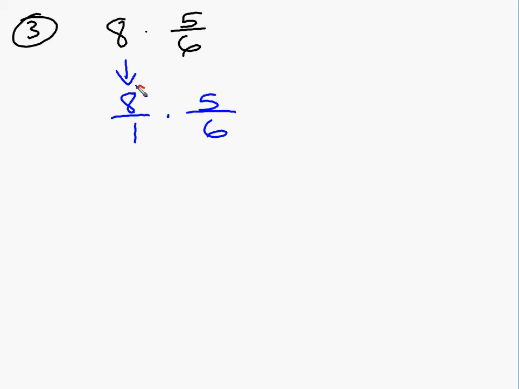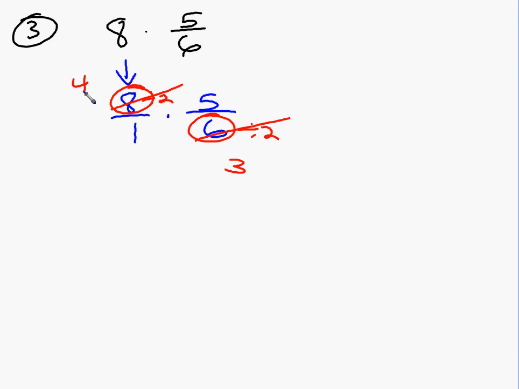Well, look at this 8 and this 6. Isn't there a number that will divide evenly into both of those? What is it? 2. So if I do 6 divided by 2, I get 3. And if I do 8 divided by 2, I get 4. And that's called factoring when you're doing fractions.